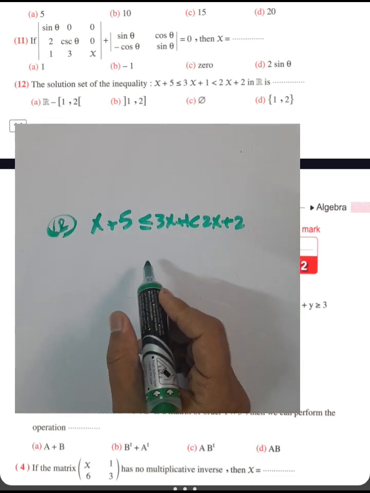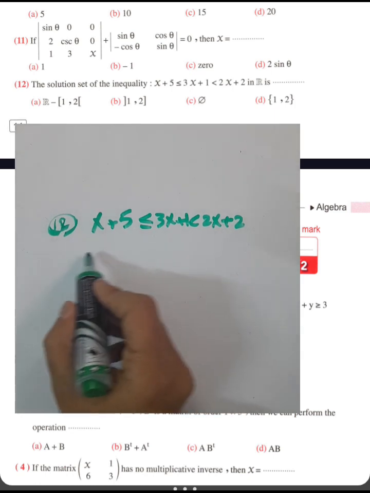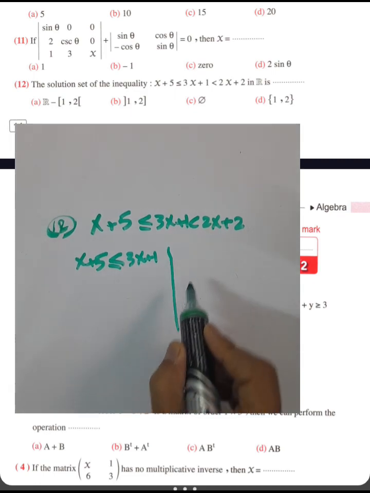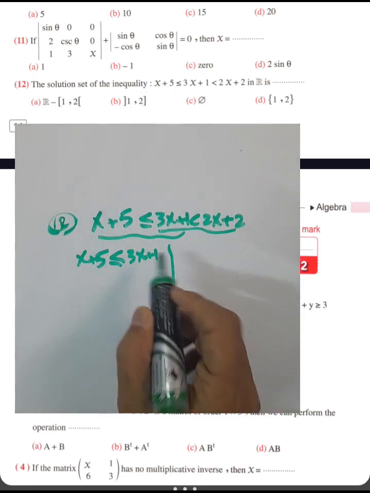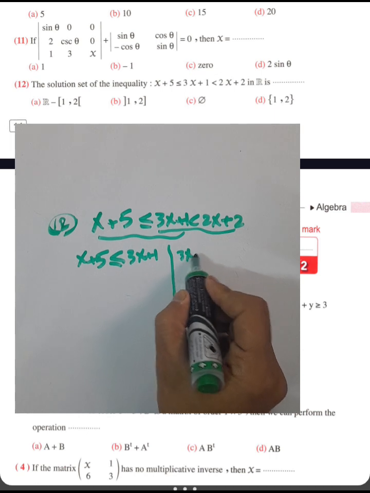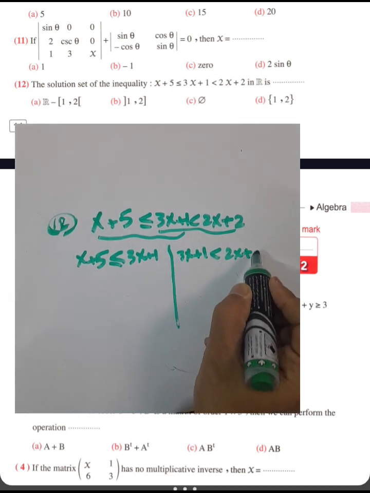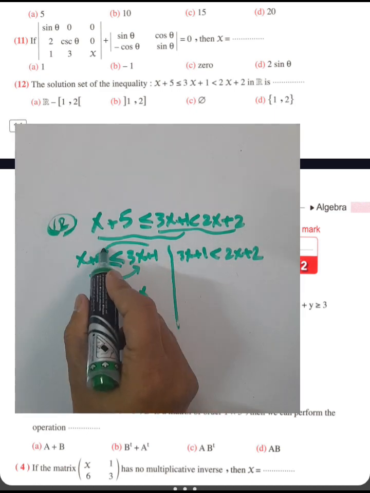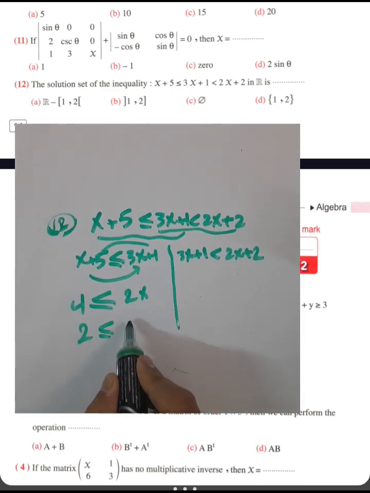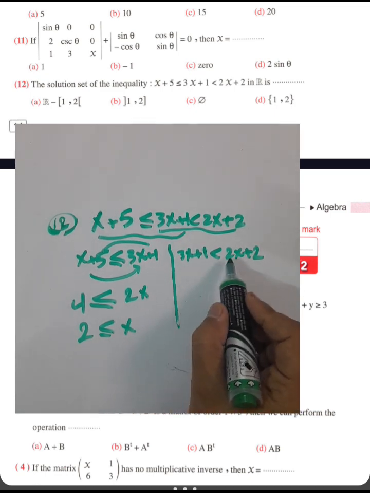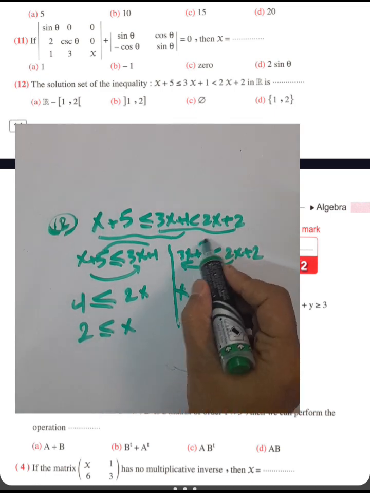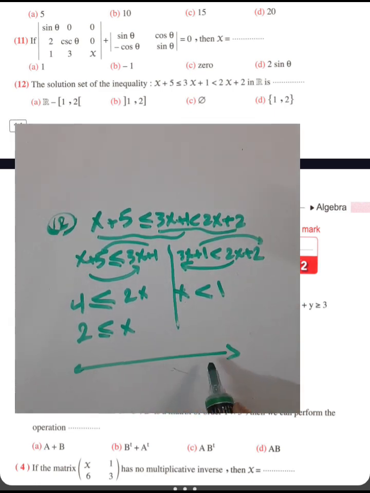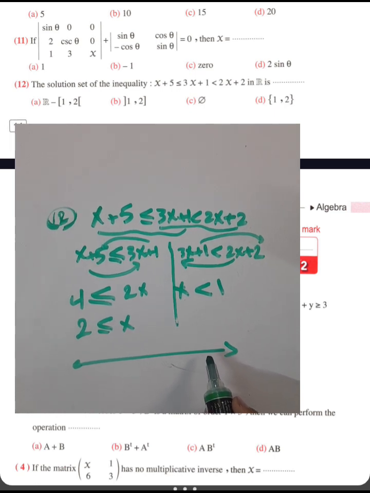First we can cancel first here x plus 5 less than or equal to 3x plus 1, and write here first inequality, and second inequality write 3x plus 1 less than 2x plus 2. Then moved here, it will be 2x greater than or equal to 4, divided by 2, then x greater than or equal to 2, and here 3x minus 2x, it will be x, and moved 1 here, 2 minus 1 equal 1, and then we can find solution between them in the number line, the intersection between them.